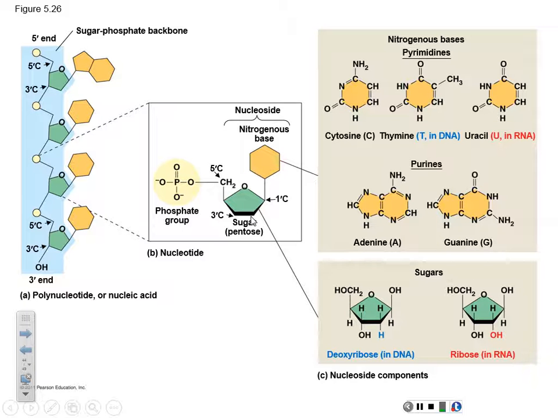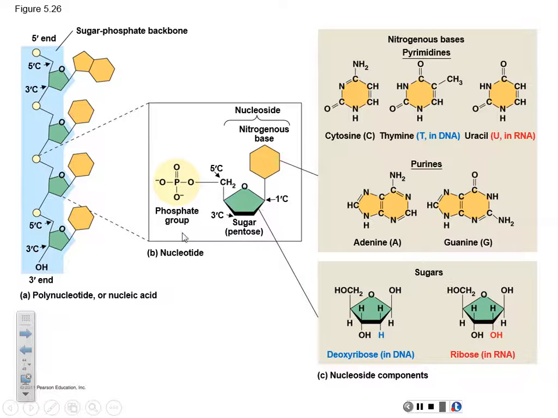In RNA, it's ribonucleic acid because the hydroxyl group is still there. But you have this core central 5-carbon sugar, to which is attached a phosphate group, and also to which is attached a nitrogenous base.